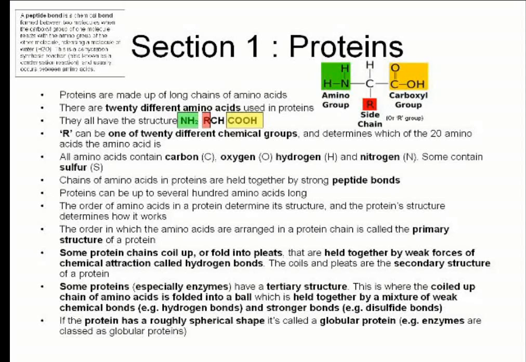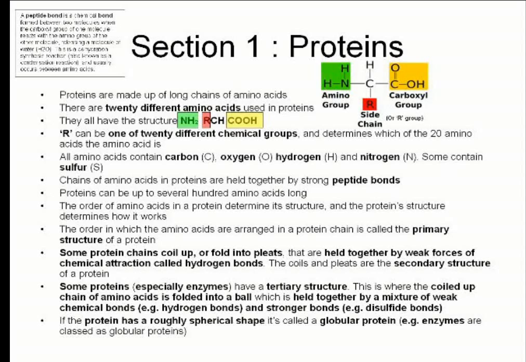make up proteins, basically. They all have a structure of NH2, RCH, COOH, where the R is one of 20 different chemical groups, and that is what determines which of the 20 amino acids the amino acid is, which links to earlier the fact that there are 20 amino acids.